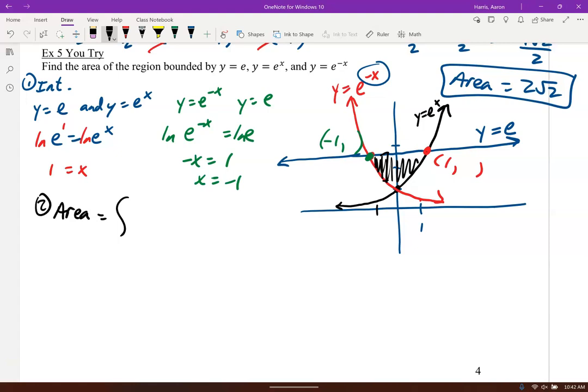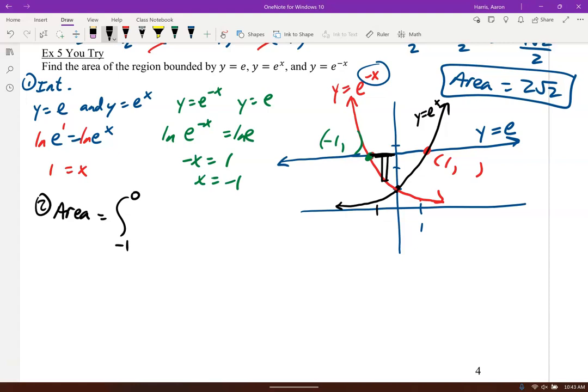the integral. Notice I have top minus bottom. Here's top. The red one's bottom until when? What x value? From -1 until 0. Good.